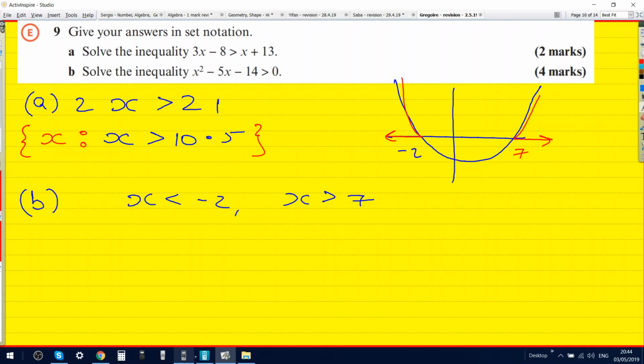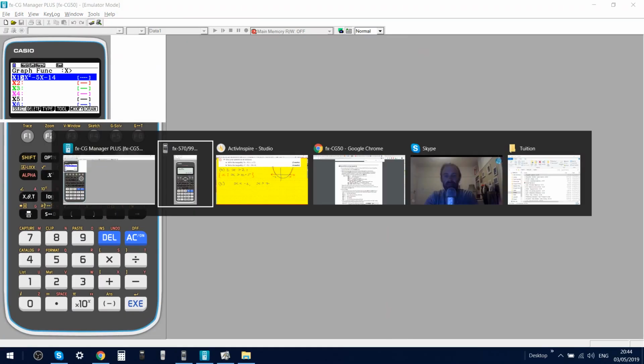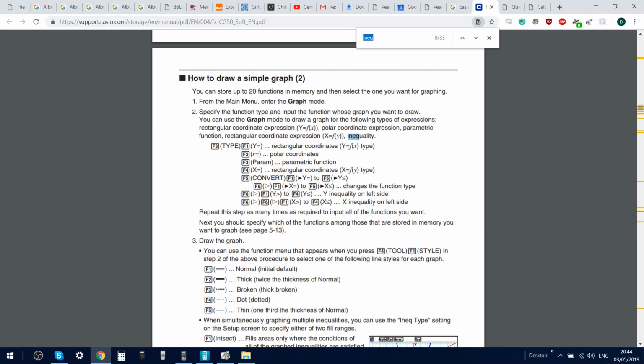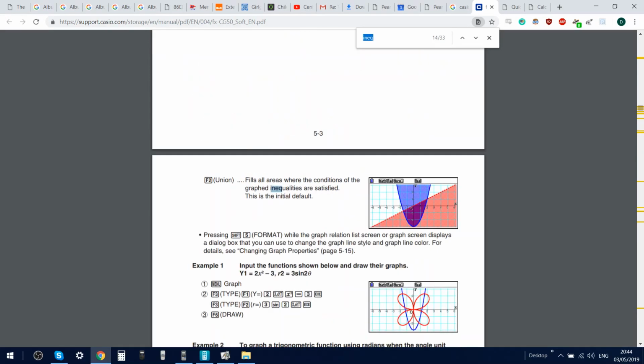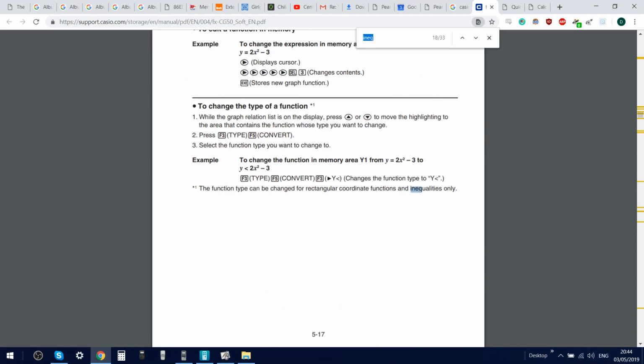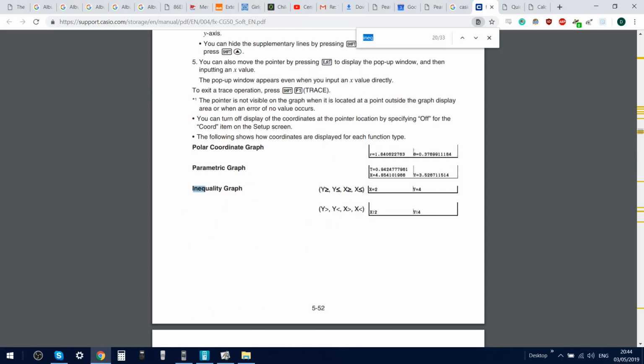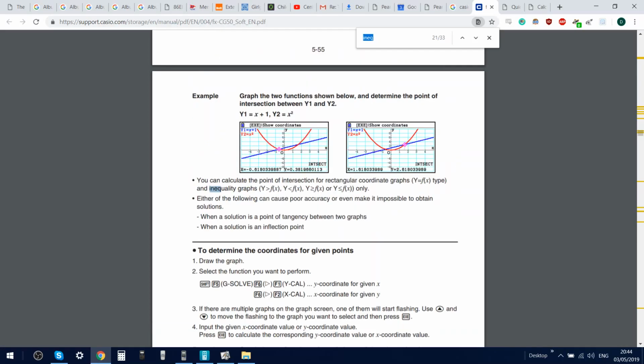It's just a shame. On the simpler calculator, I just put it in, and it has a quadratic inequality solver. I'm sure there must be a way to do it in this one. Yeah, it's just going to take going through the whole thing. Is there nothing? So this is all the graph. Drawing a graph. To change the type of function is probably graph. This looks like a solver. No, inequality graph again.